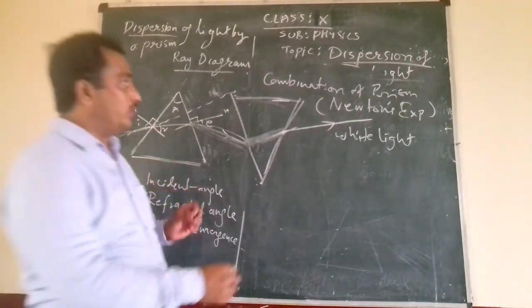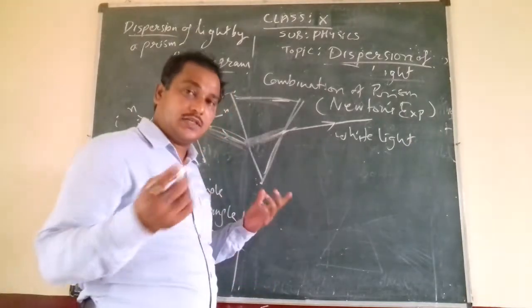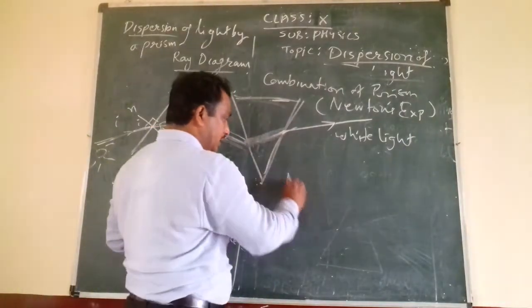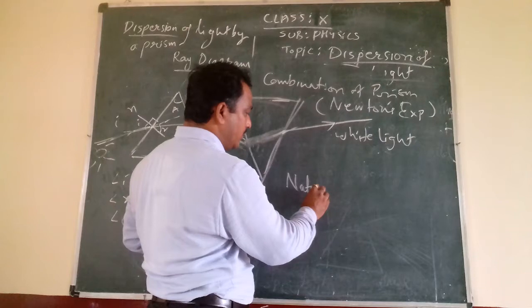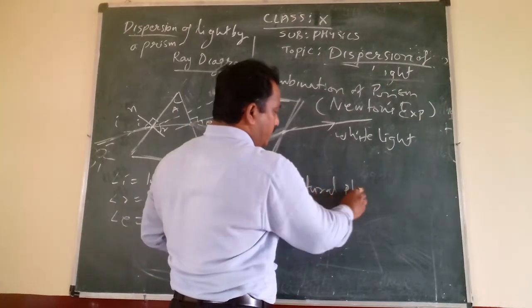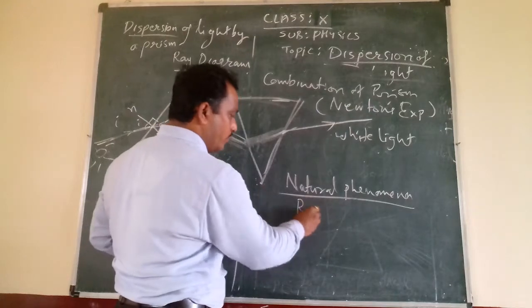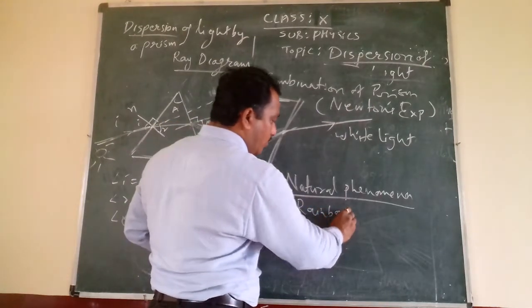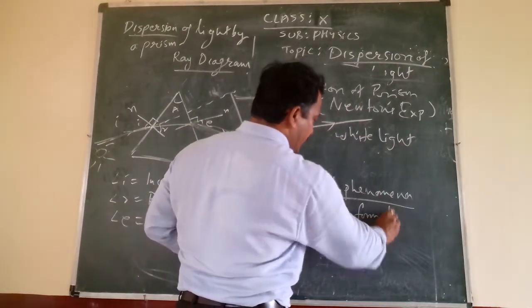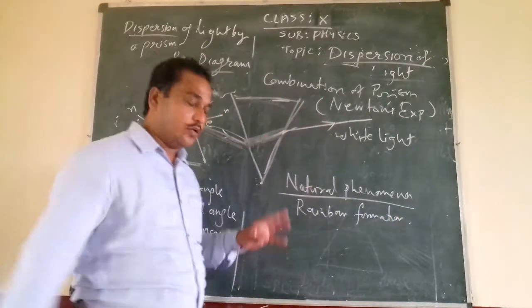Okay, and as physics is the study of natural phenomena, what is the natural phenomenon associated with it? Natural phenomena like the rainbow. Rainbow formation. So here, what happens?